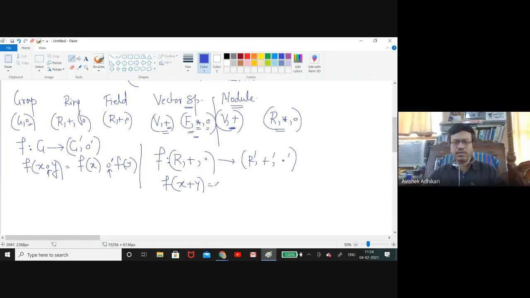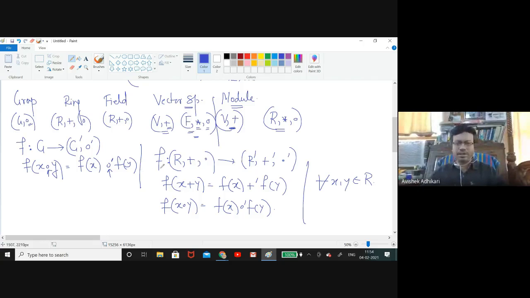F of x plus y should be F x plus dash F y, and another is with respect to this composition: F of x composition y should be F x composition dash F y. And this has to hold for all x, y belonging to R. It's not for a particular x, y; it should hold for all x, y.